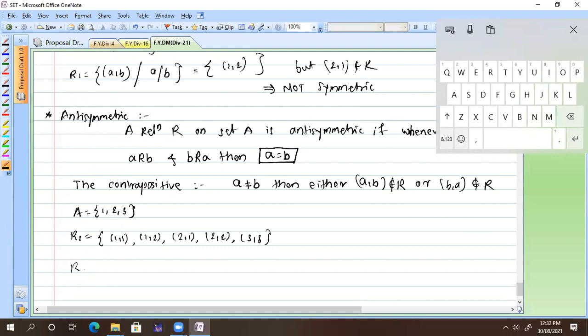Tell me whether it is antisymmetric or not.